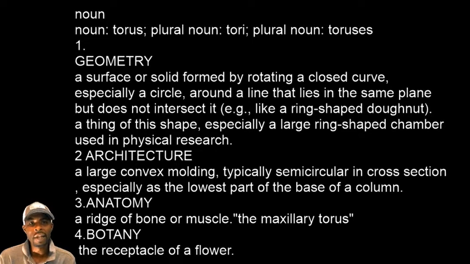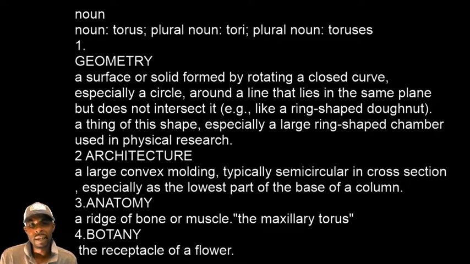A thing of this shape, especially a large ring-shaped chamber, is used in physical research. So it's a rotating closed curve, a circle, that goes around a line that lies on the same plane, but they don't intersect.